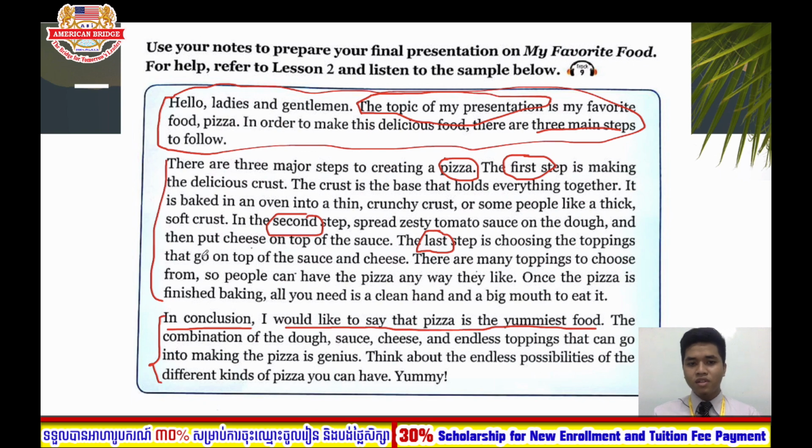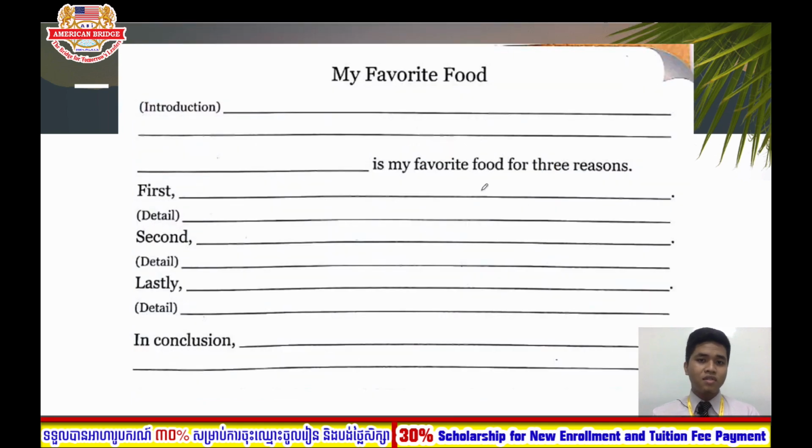So after you listen and read some of these presentations, there is one last activity for you to do, and this activity is to prepare your own presentation. But to do a good presentation, you need a good preparation, isn't it? Right. To prepare your presentation, you need a short note or a short outline of your topic. So here is the topic that is given to you, which is my favorite food.